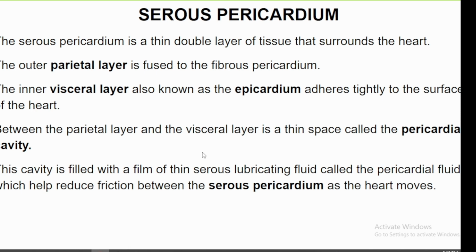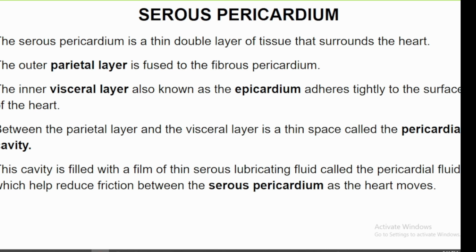All right, so I will take it again. The serous pericardium is made up of what? Two layers. We have the outer parietal layer and then the inner visceral layer. The inner visceral layer is also called the epicardium, and it adheres tightly to the surface of the heart itself, whereas the parietal layer is fused to the fibrous pericardium. Between the parietal and the visceral layer is a thin space called the pericardial what?